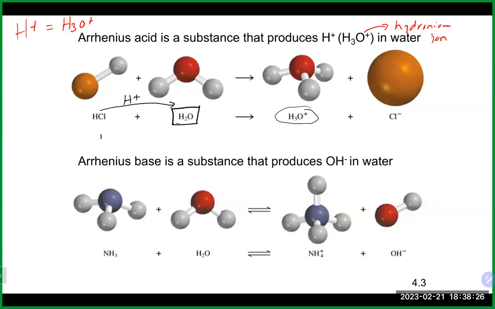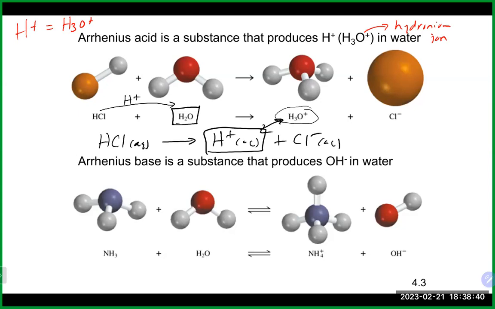You could just as easily write this acid, because it's a strong acid, breaking apart just like this, where you just call it H plus and Cl minus. And again, this H plus and that H3O plus are equivalent to each other. So in the bottom one, I didn't put the water in, so I didn't get H3O plus. I just got the H plus coming off. But if you do want to include the water, you can, and you will get H3O plus.